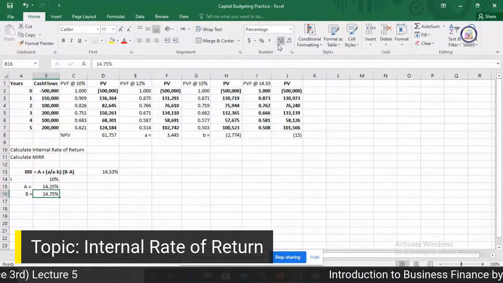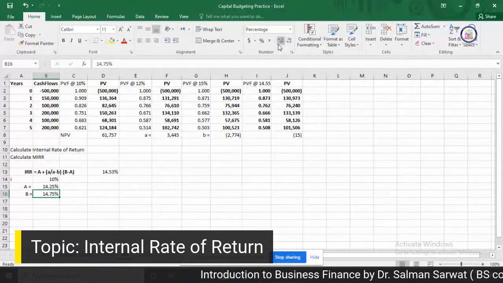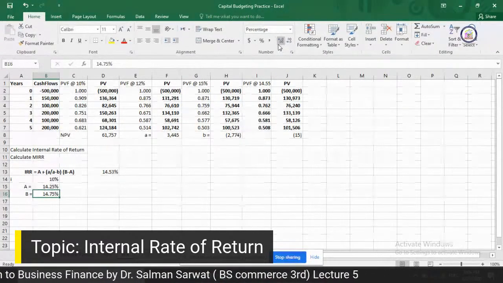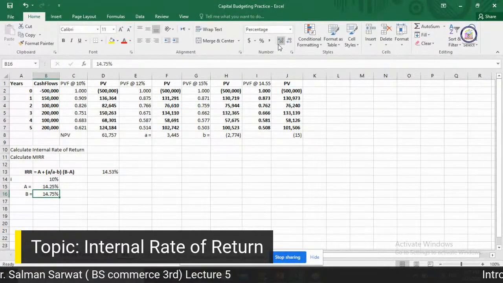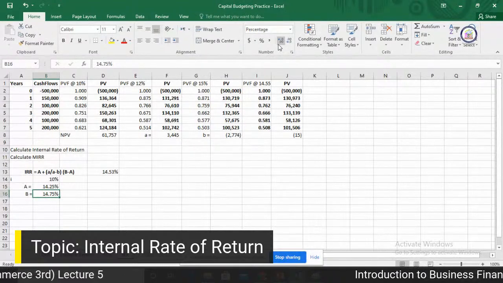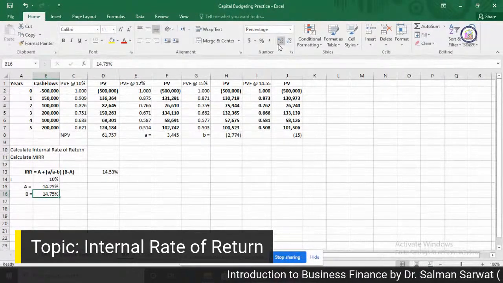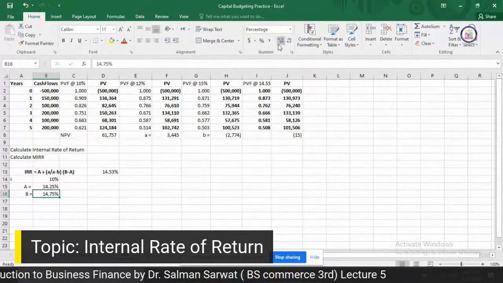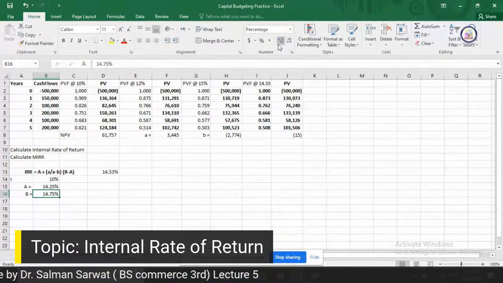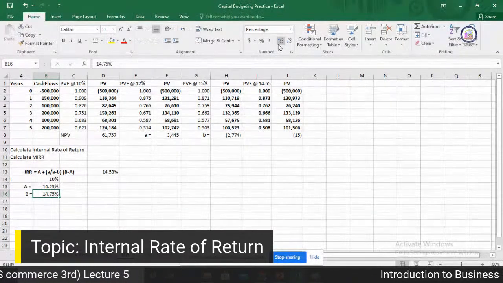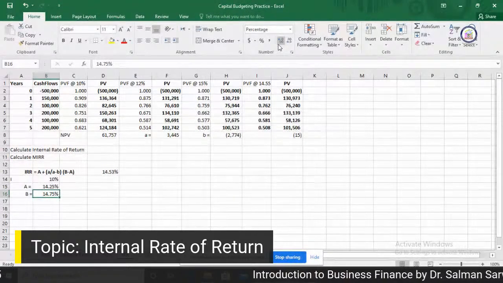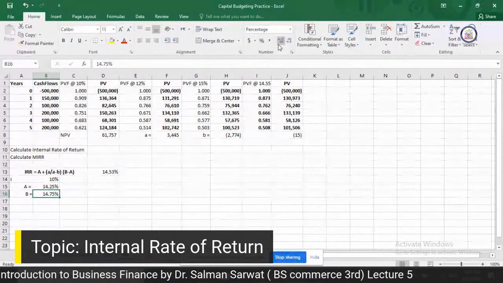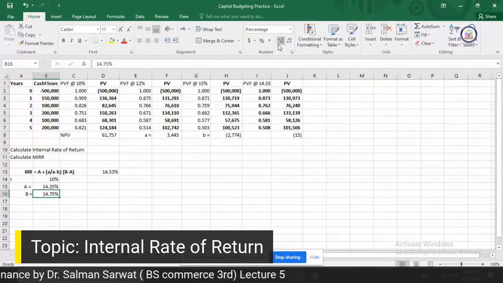Although the relationship remains curvilinear, by reducing the gap we are basically trying to make that curvilinear relationship approximately equal to linear. So this is the way we calculate IRR.